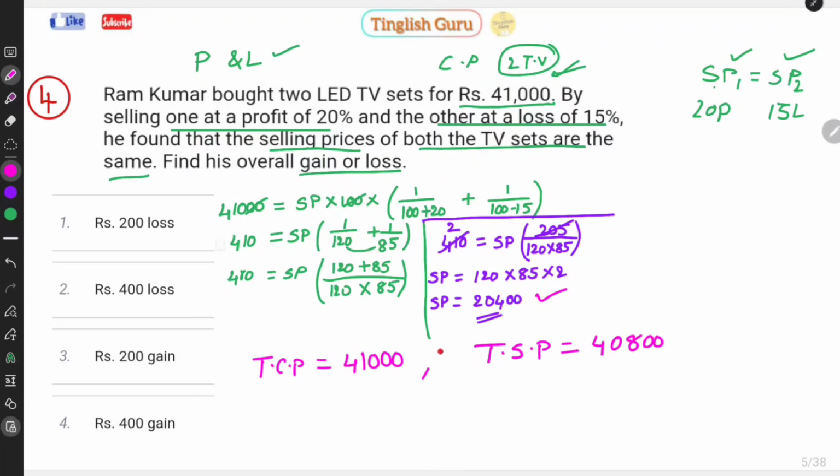So here cost price is greater than selling price, therefore it is a loss. And how much loss? 41,000 minus 40,800 means 200 rupees loss. So the answer is 200 rupees loss.